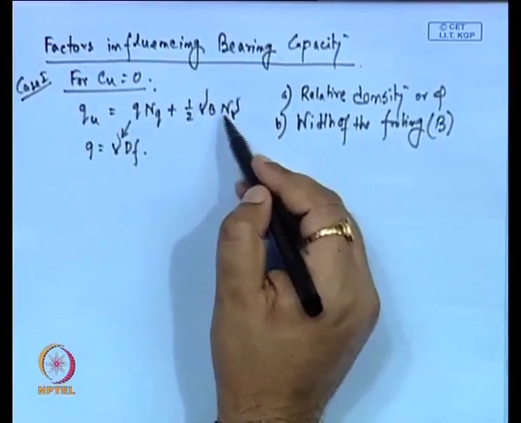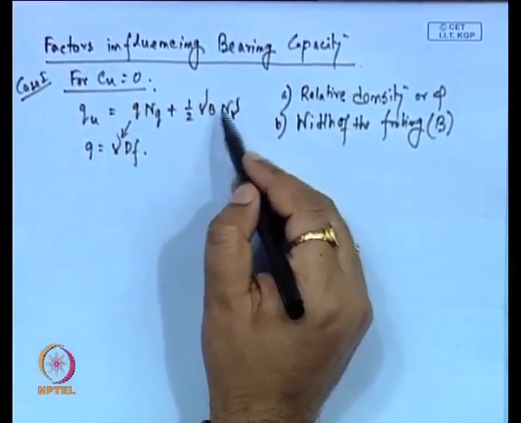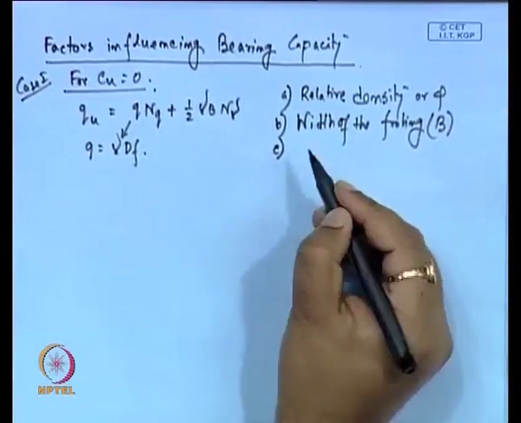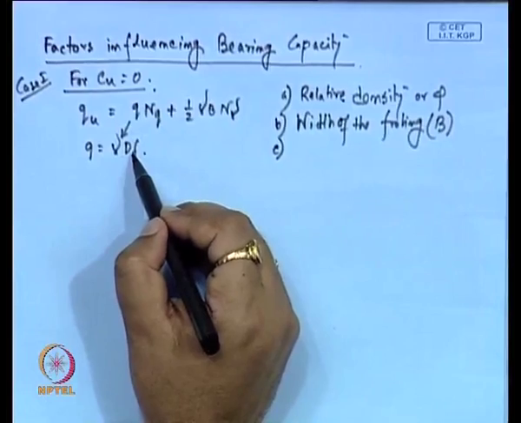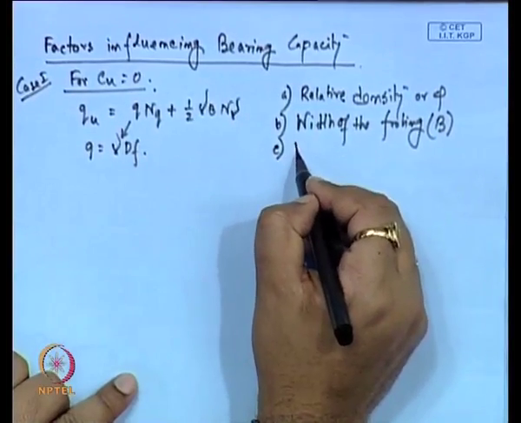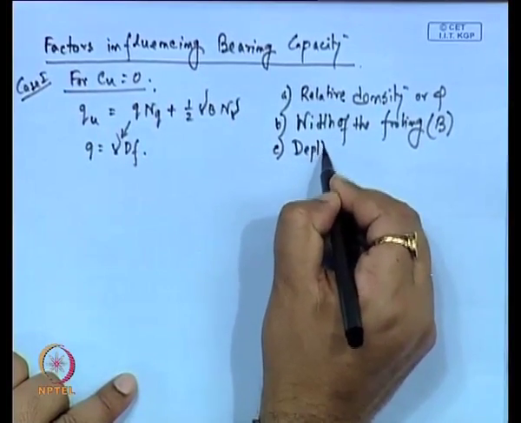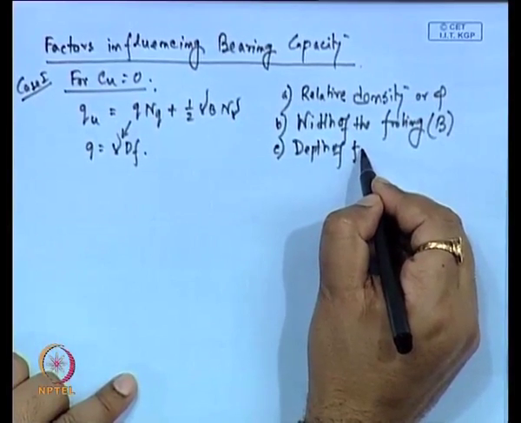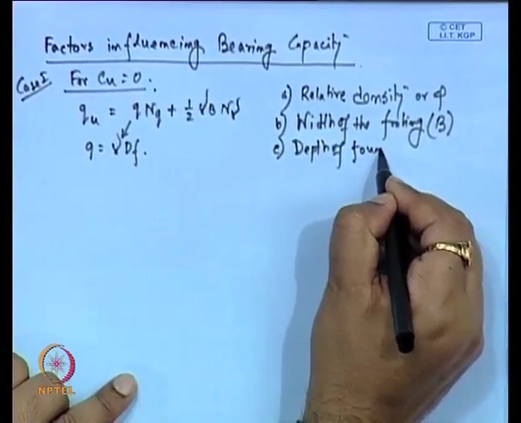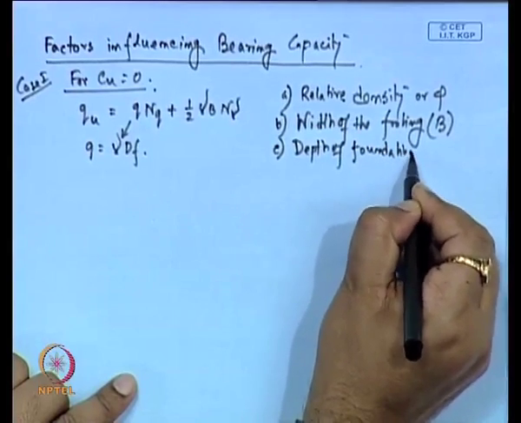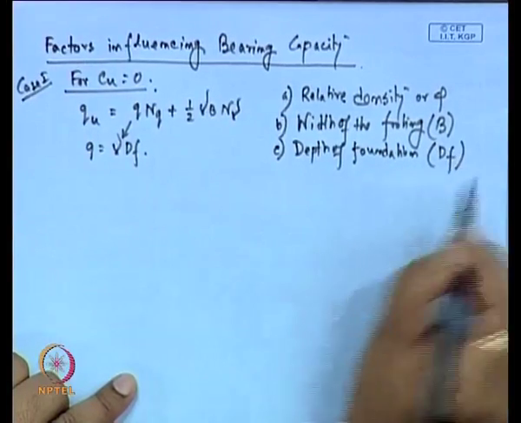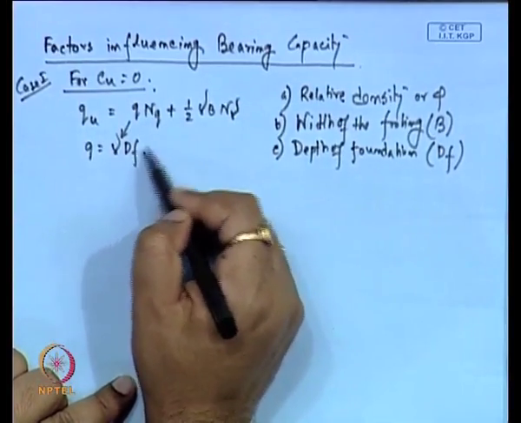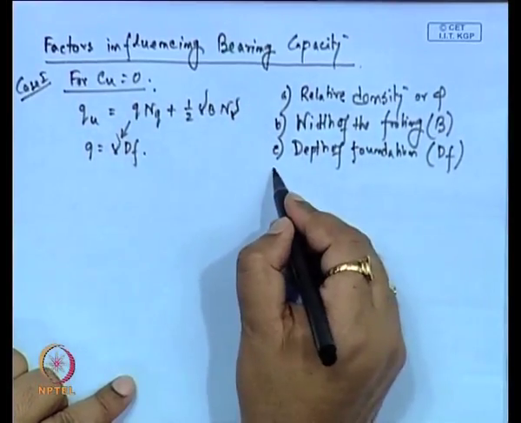From this expression we can say B also influences the bearing capacity. The next factor is Df, or the depth of foundation. That means this also influences the bearing capacity.